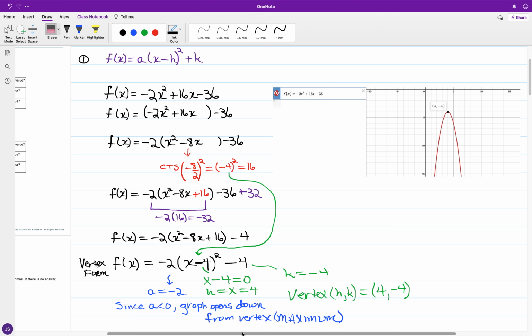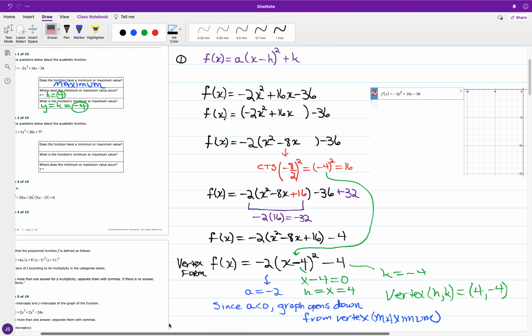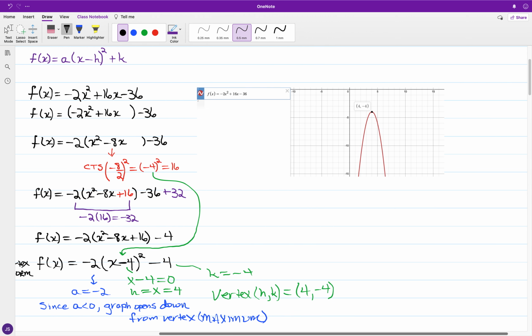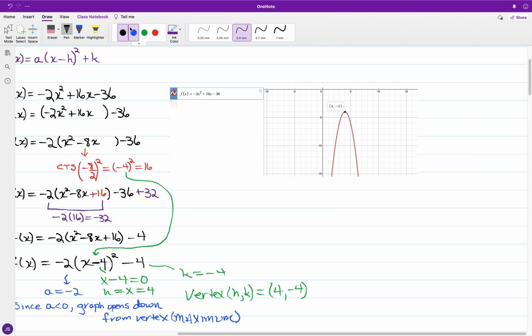Now, for the next function, we have a quadratic. Once again, this time we have g of x is equal to 3x squared plus 30x plus 77.